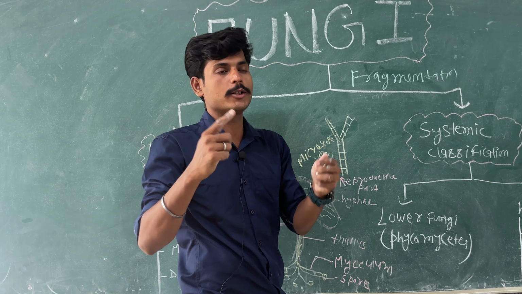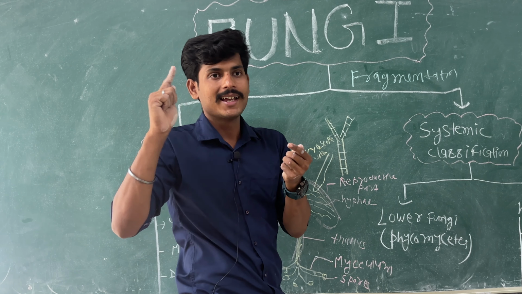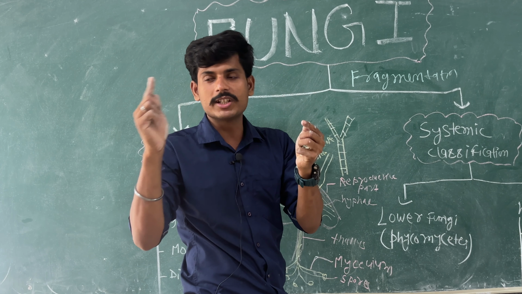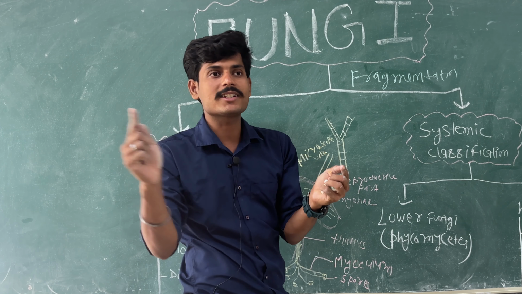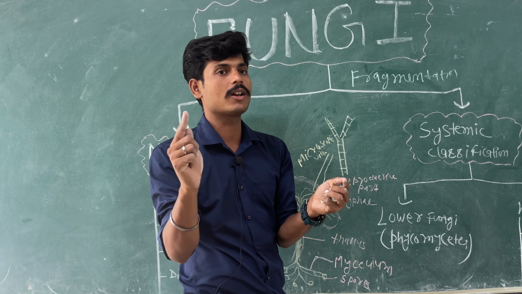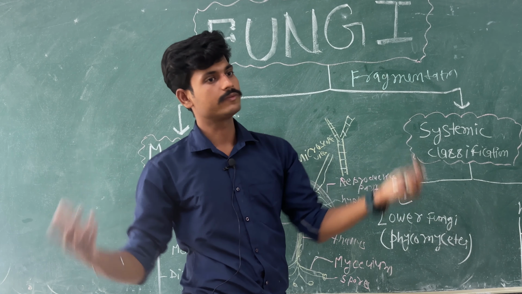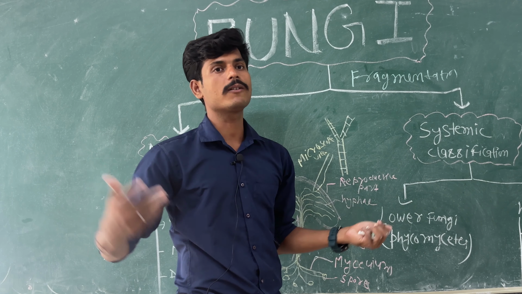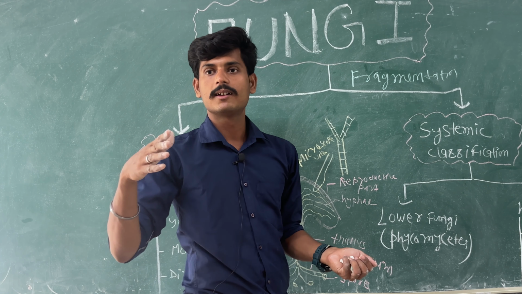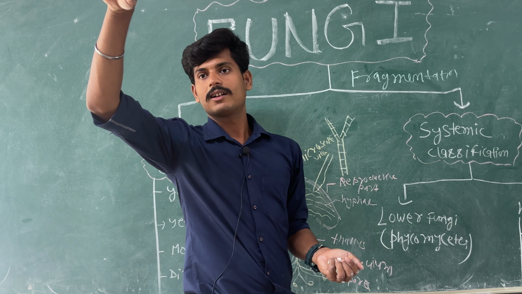It breaks into small parts, and each part is called a fragment. They will grow and form a new fungus. So this mode of asexual reproduction is called fragmentation.